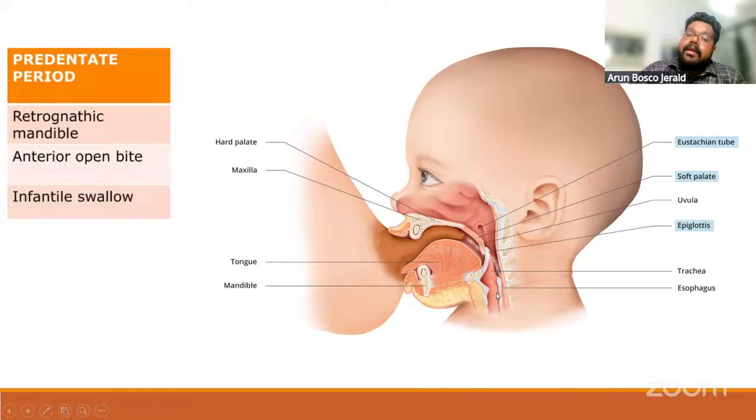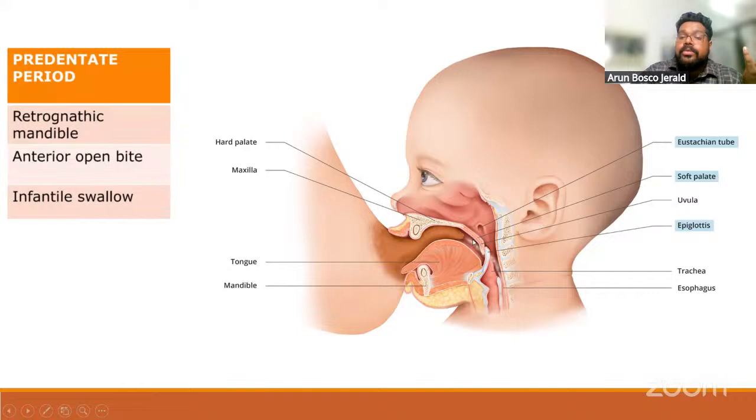Since the larynx is open, the child can continue breathing, and at the same time, the child will be able to swallow the milk through the pathway between the facial pillars. Now, we have to understand that the swallowing in the infants will not be interfering with the respiratory process of the child, because when the child respires, the epiglottis is kept open, but the milk is not flowing through the midline.